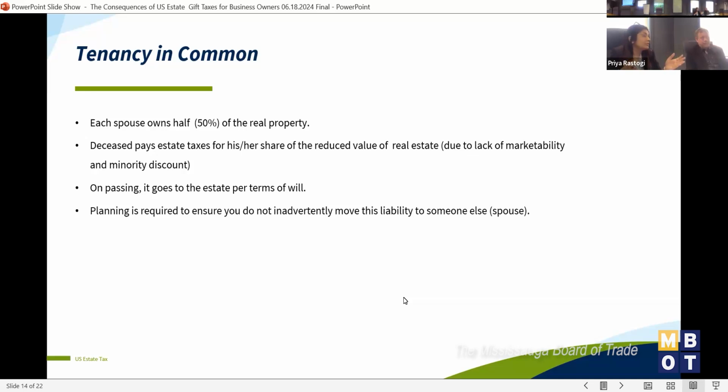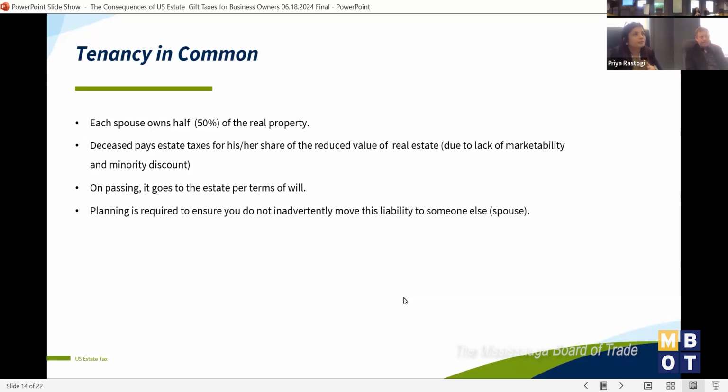I wanted some clarity, I guess Priya's bringing up, so if it's tenants in common, 50%, whoever owns that. Let's just use you as an example, Priya. Unfortunately you pass away, and you have a property in the US, because I like the real estate theme for this part of it. And the 50% tenants in common goes according to the terms of your will.